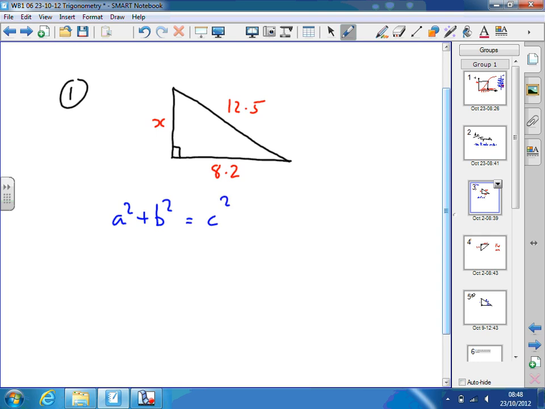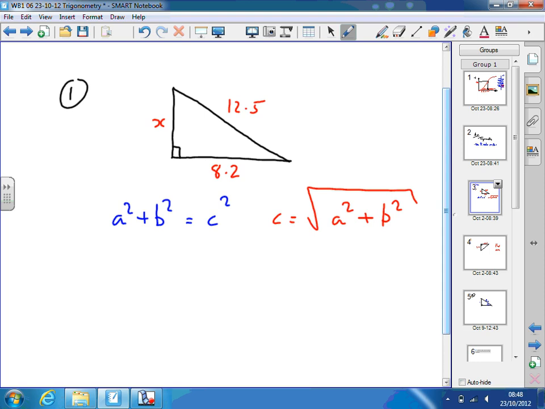So the hypotenuse is always the one opposite the right angle. So if I want to find c, that's the square root of a squared plus b squared, because when I do it, c squared is what my Pythagoras gives me, so I need to square root at the end.